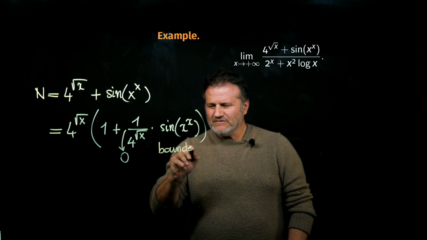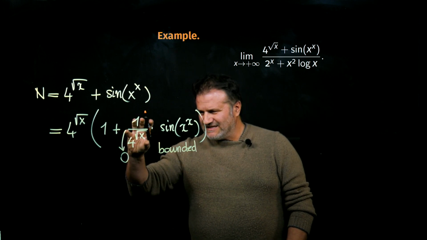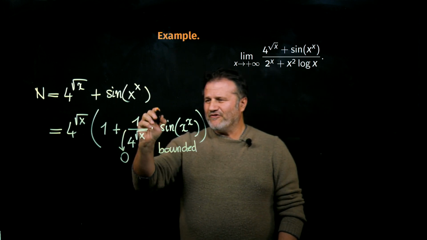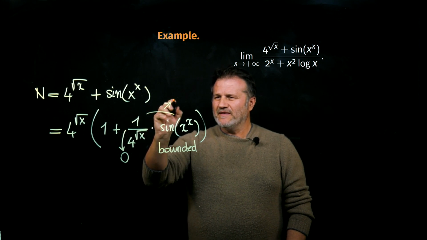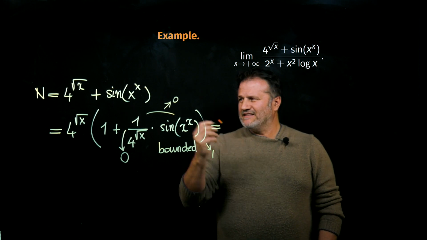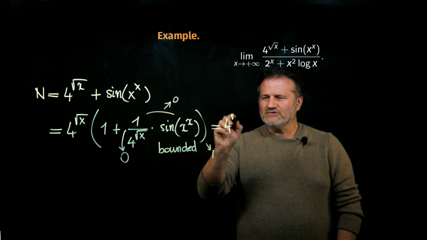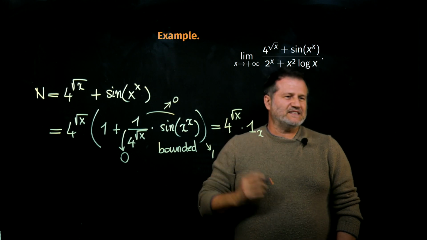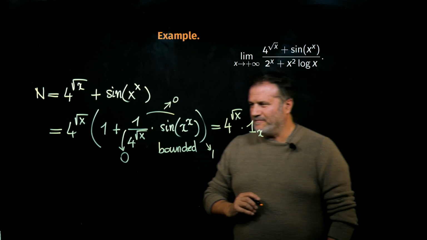And since it is infinitesimal times bounded, it is infinitesimal, and therefore this product goes to 0. The parenthesis goes to 1 now, and we conclude that the numerator is like 4 to root of x times a quantity that goes to 1. So in particular, it goes to plus infinity.